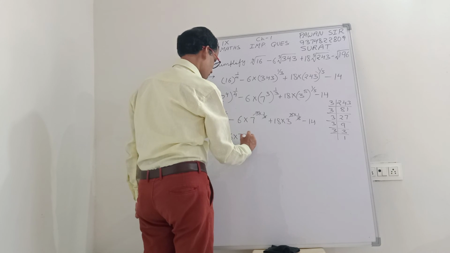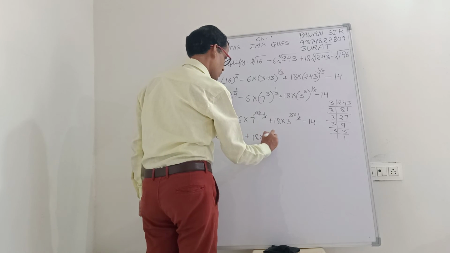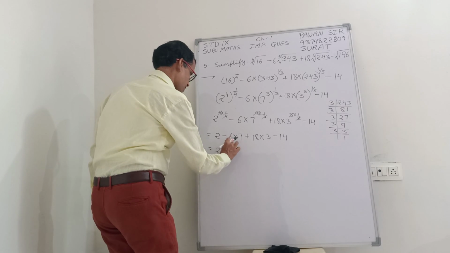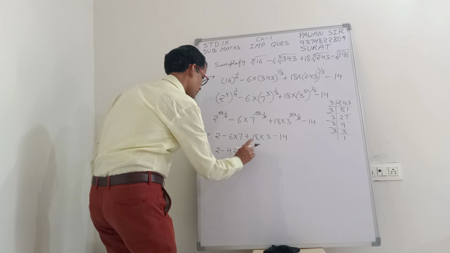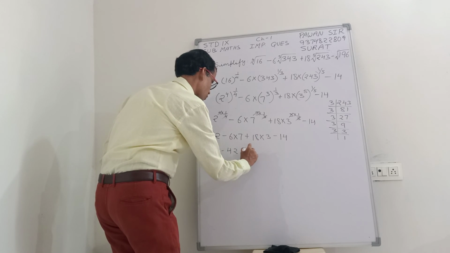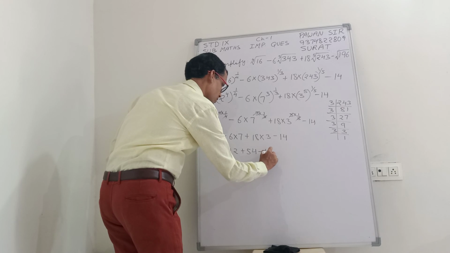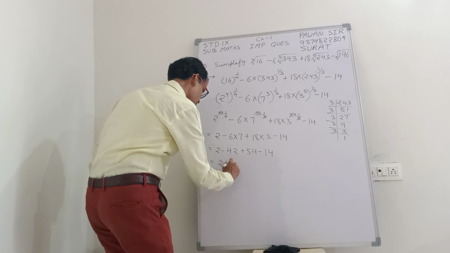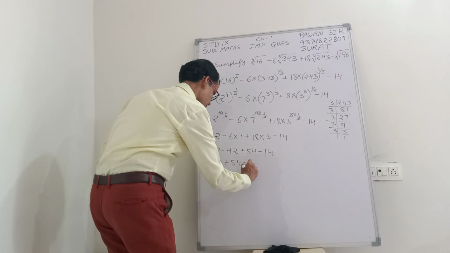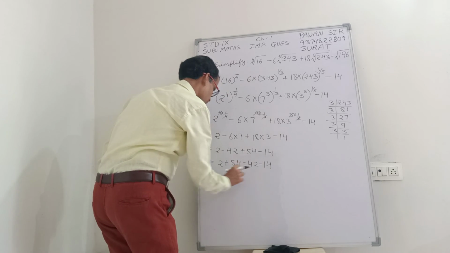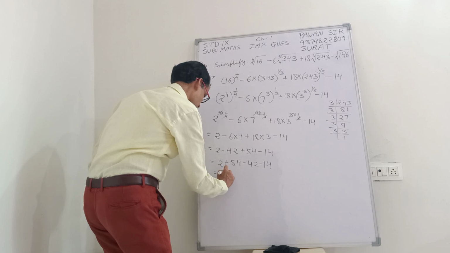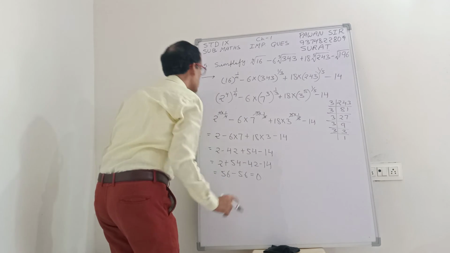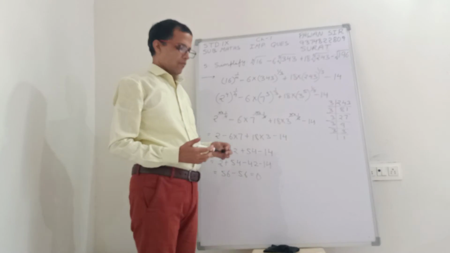Again this one, 18 into 3, minus 14. So we get 2 minus 6 7s are 42. 18 3s are 54 minus 14. Now arrange the numbers, write positive numbers together and negative numbers together. So we get 56 minus 56, and this is equal to 0. So this completes our fifth question.